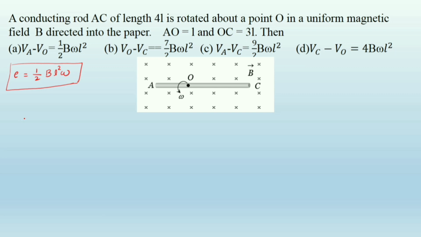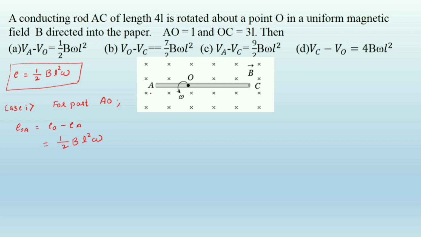There are two parts here, from O to A and from O to C. Let us take the first case. In case 1, for the part AO, let us take the induced EMF from O to A, that means induced EMF at O minus induced EMF at A. Directly we have the relation half B L square omega.